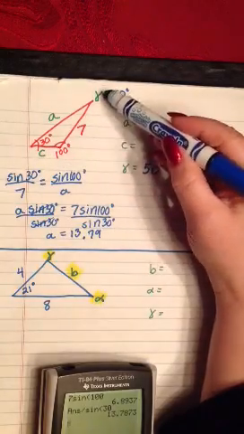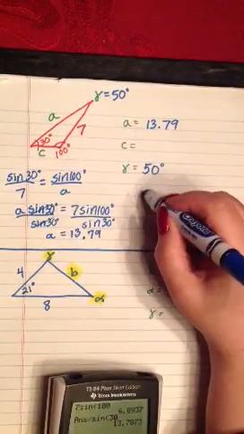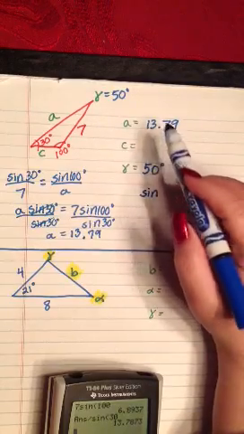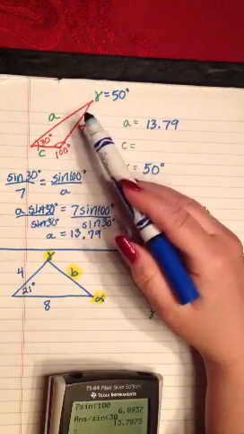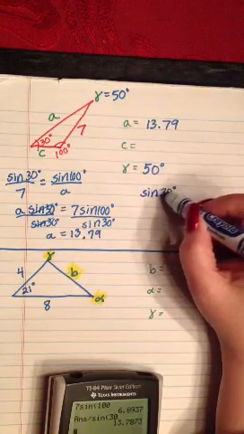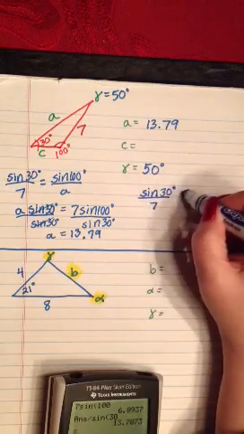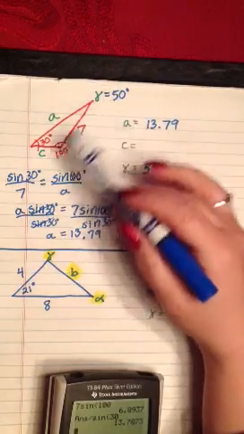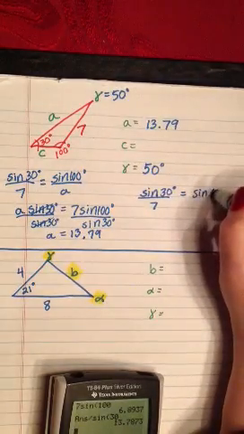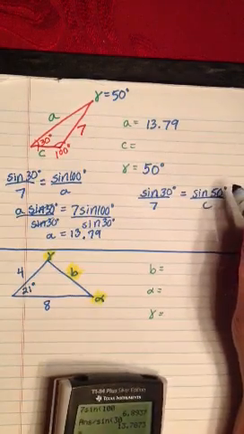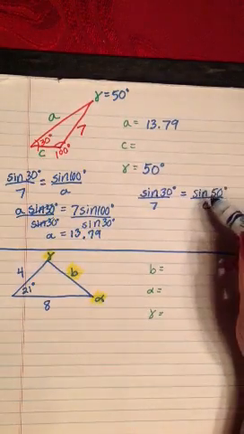The angle opposite C is 50 degrees. So I can redo this one. I can say the sine of 30 over 7 is equal to the sine of 50 degrees over C. And then you just cross multiply and solve.